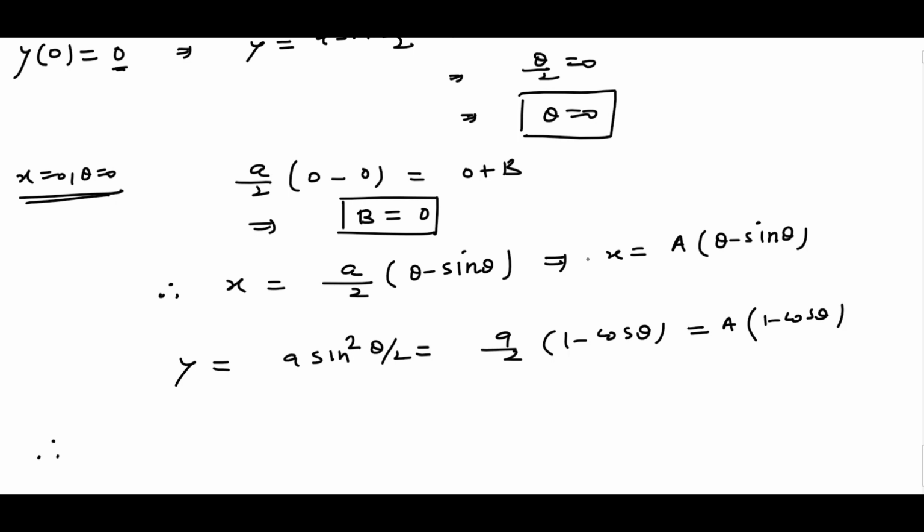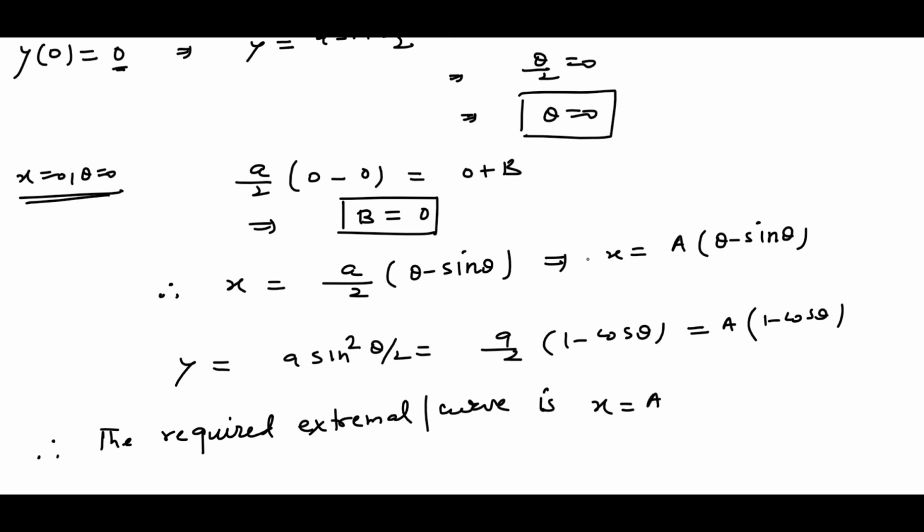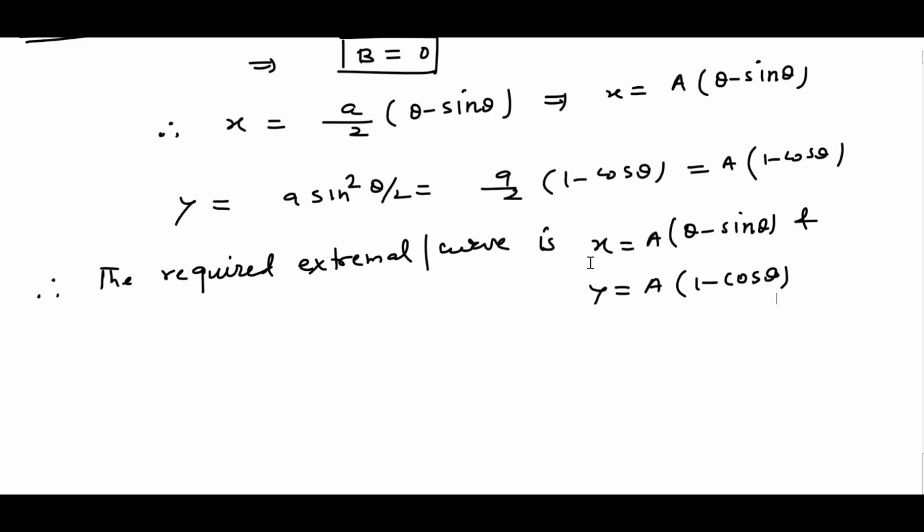So therefore the required extremal, or we can say curve, is x equal to capital A in brackets theta negative sin theta, and y is equal to capital A, 1 negative cos theta, and it represents a cycloid.